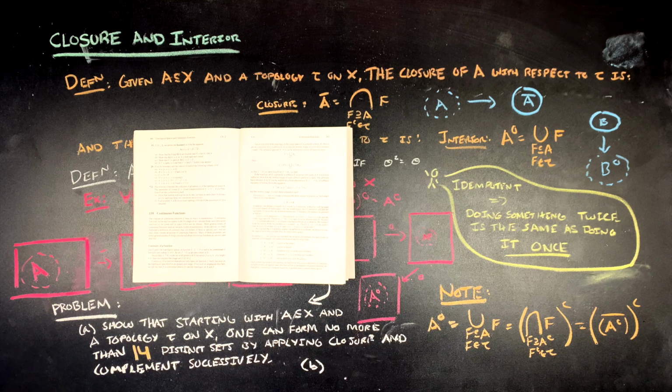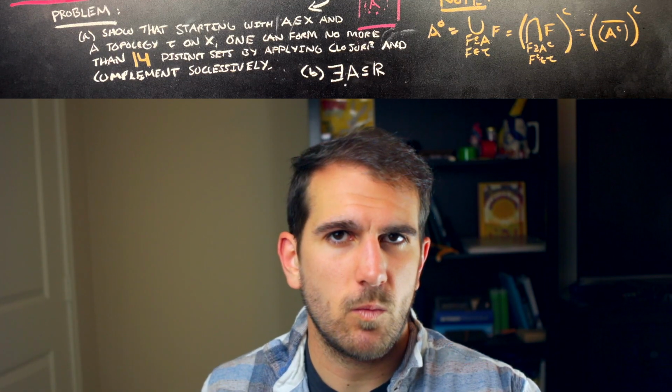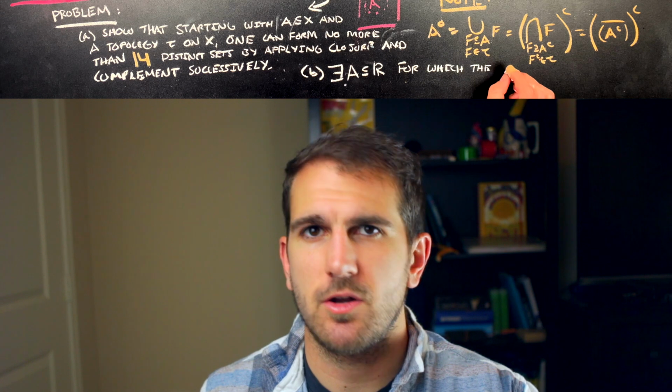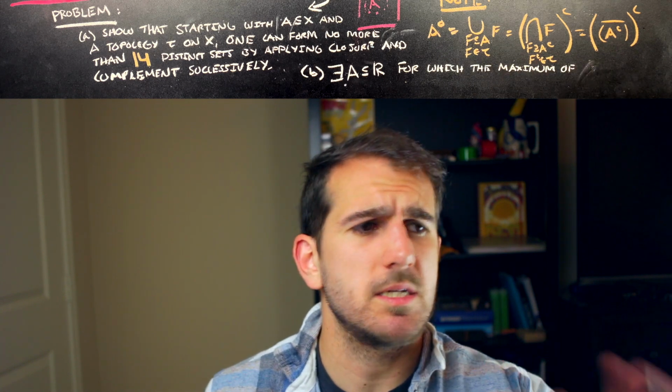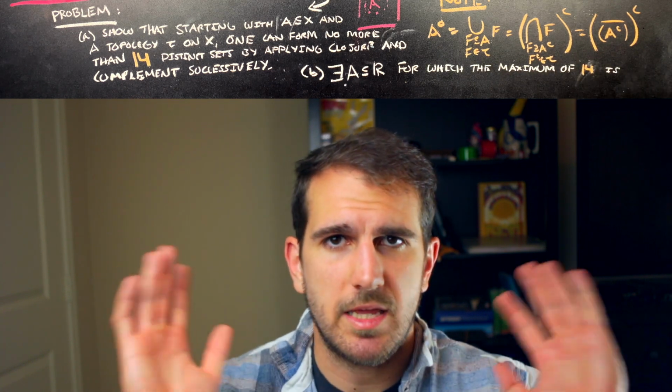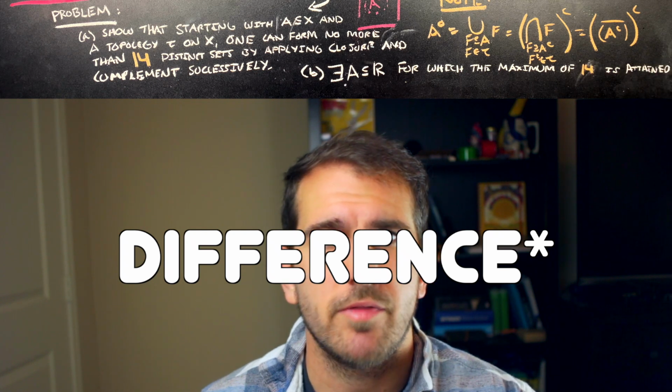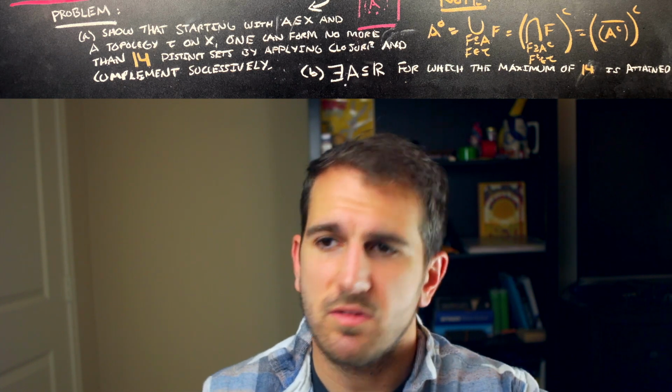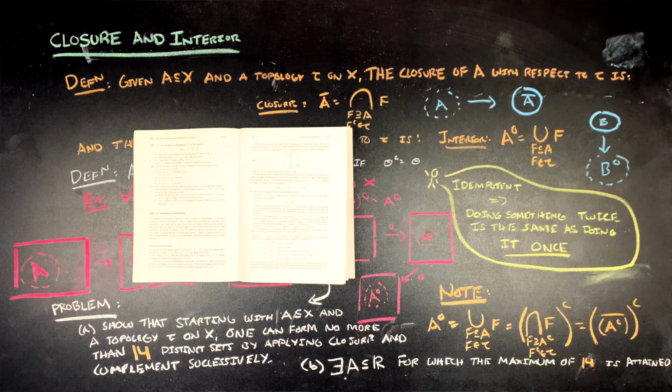And 2, for the real numbers in its usual topology, which means exactly what you think it would mean, the standard way we think about real numbers and distance between numbers, where you just take the absolute value of the distance between two of them, there's a subset for which the maximum of 14 is obtained.